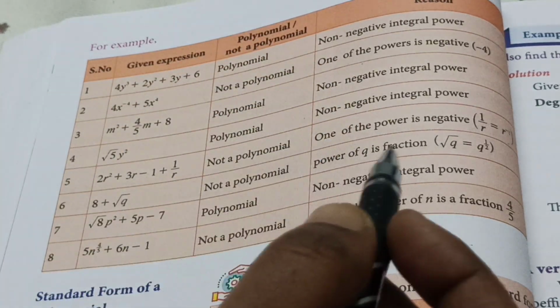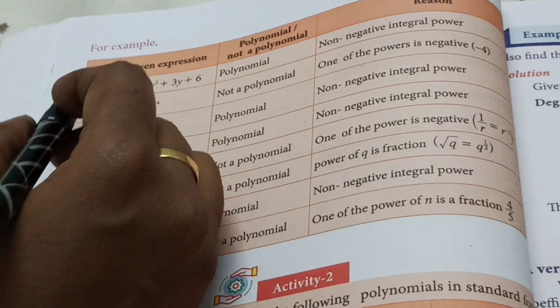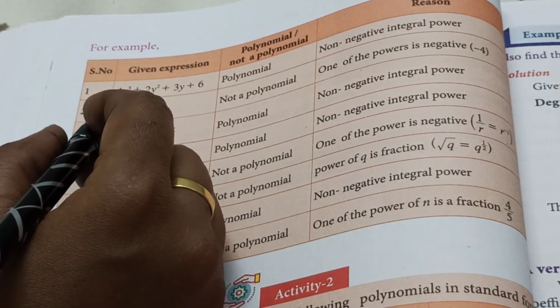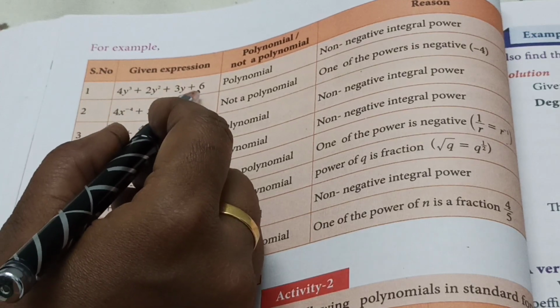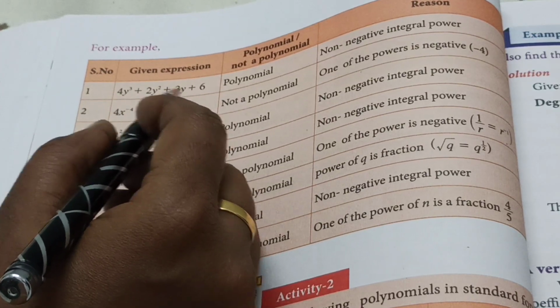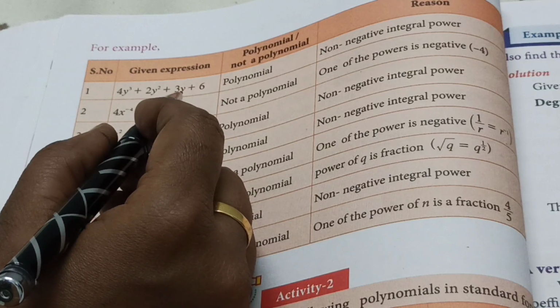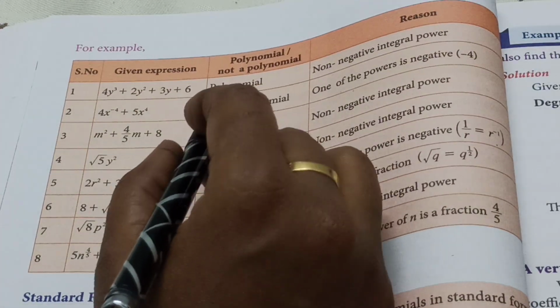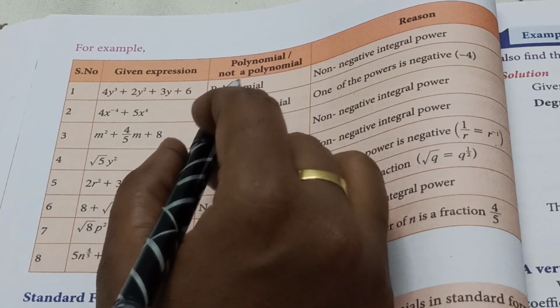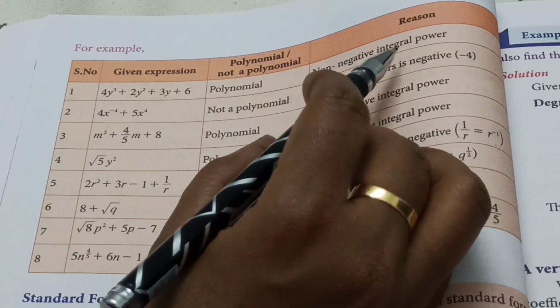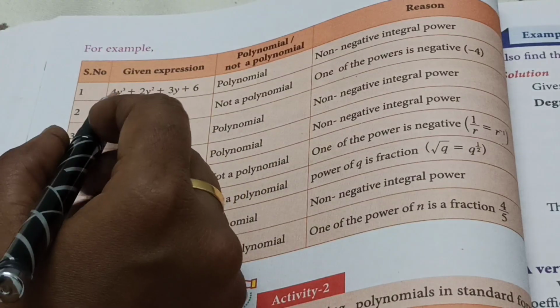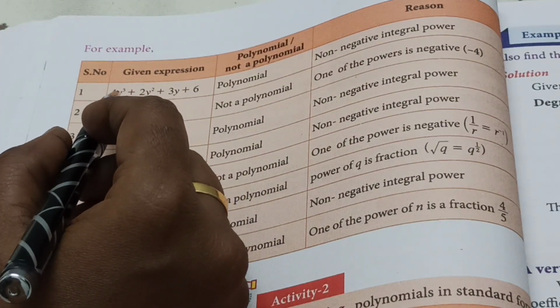Why? What's the reason also? Okay. Then first one, 4y cube plus 2y square plus 3y plus 6. Is it a polynomial? Check it. This is the polynomial. Why? What's the reason? This is non-negative integral power. Here, what's the power?